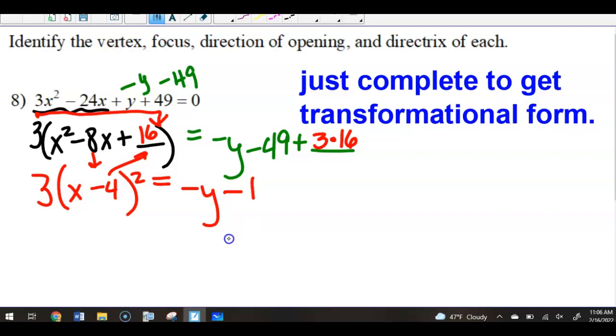Couple things, this form is not what we want, we don't want this on this side, so we're going to need to divide by 3. Doesn't really matter when I do that. If I divide the 3 over to the other side, I'd get a negative. Ugh.